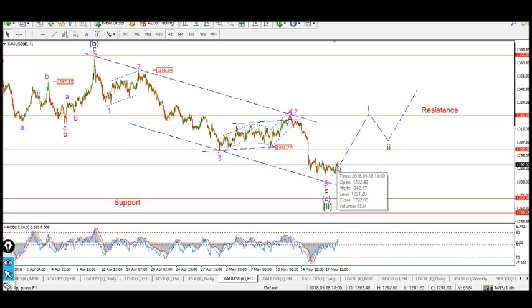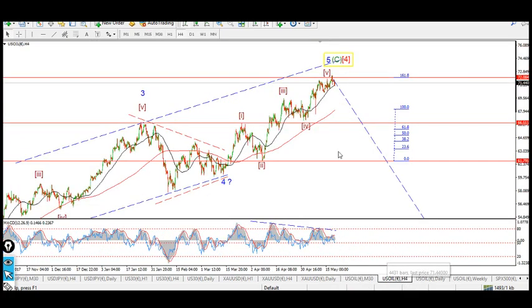You'd have an impulse wave in place, and you'd be talking about getting your wallets out and starting to accumulate. So from here on in, next week, we're looking for our first impulse move to the upside, and we'll track that as it happens.